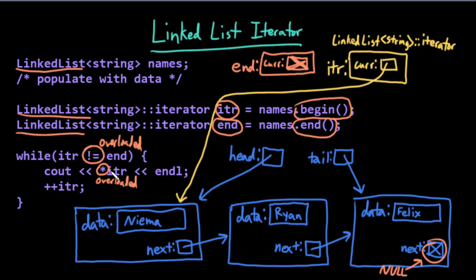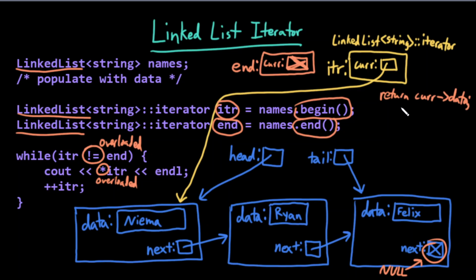So the overloaded dereference operator here would be something like return cur dereference data. So whatever my cur pointer is, dereference it, return that node object's data value.